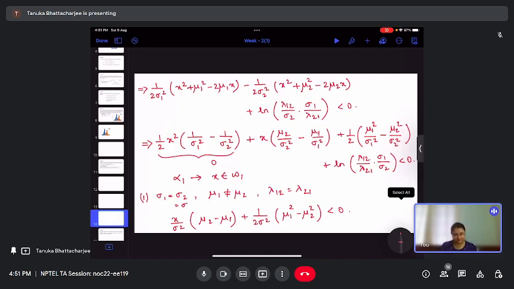We can further simplify this classifier. I will do it here.